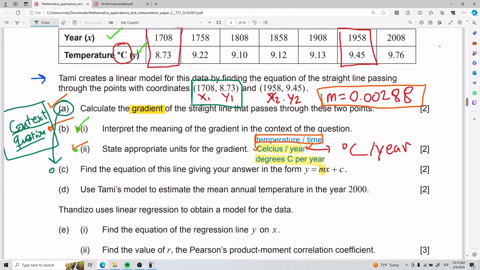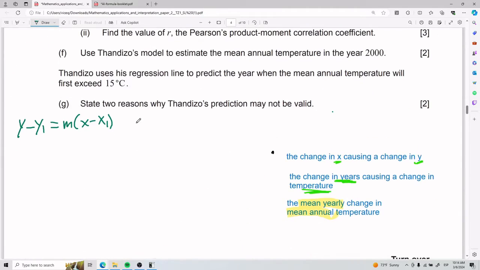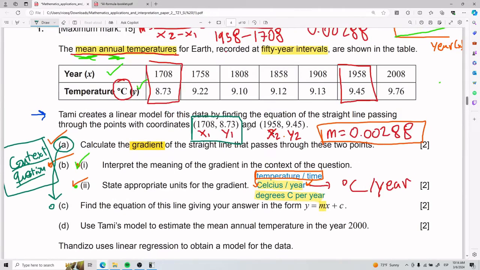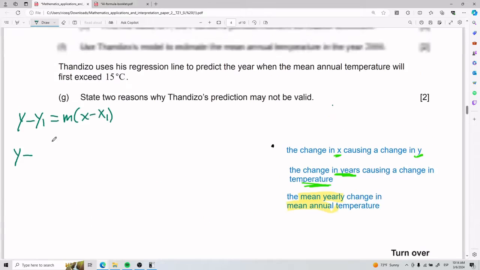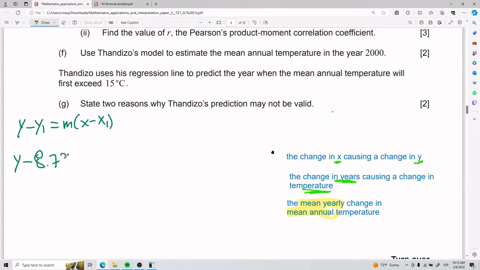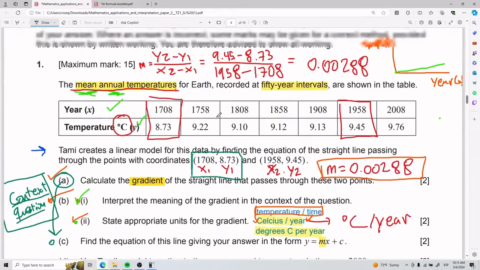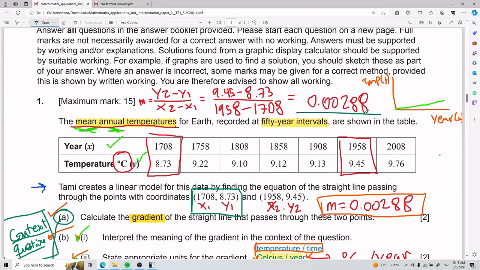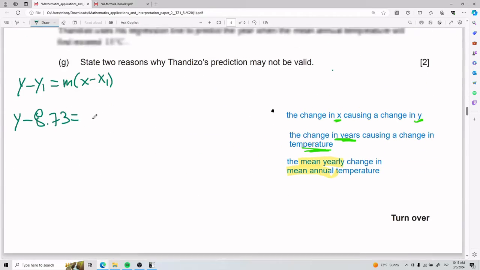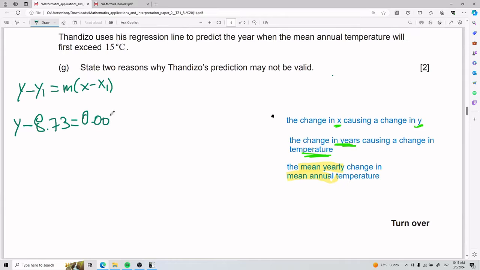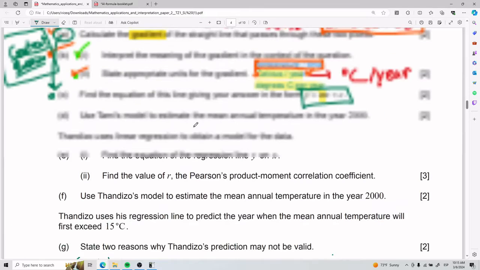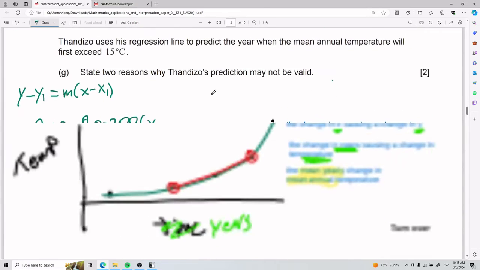So y1 is 8.73. M is 0.00288. Parentheses x minus x1, which is 1708.